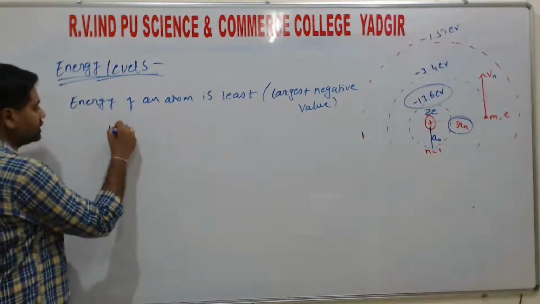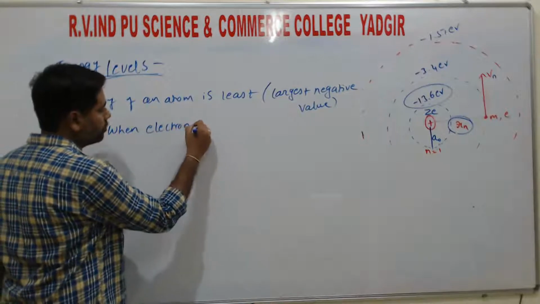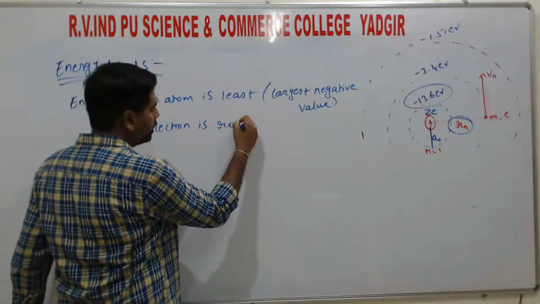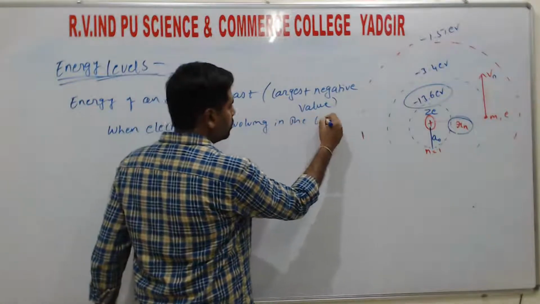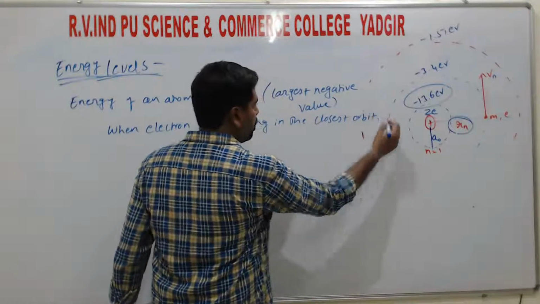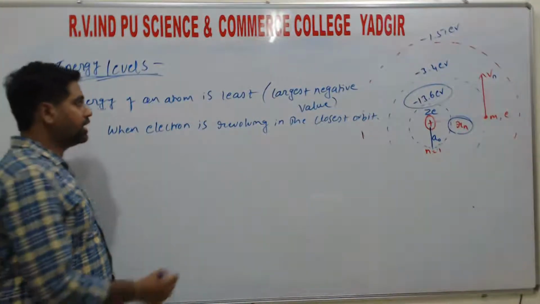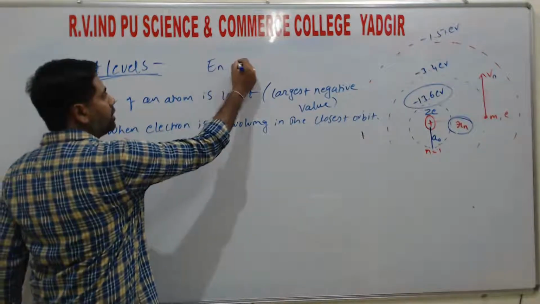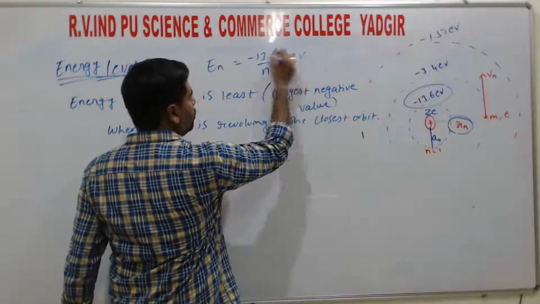When the electron is revolving in the closest orbit, right? From the energy relation, En is equal to minus 13.6 divided by n squared electron volt.